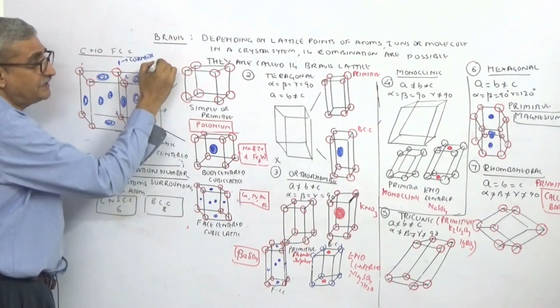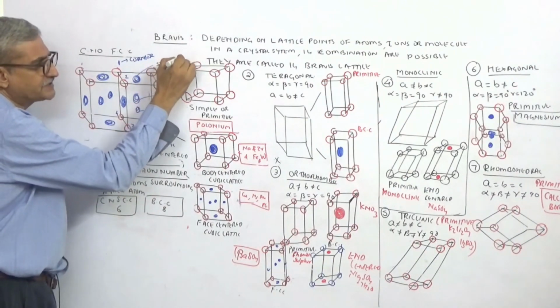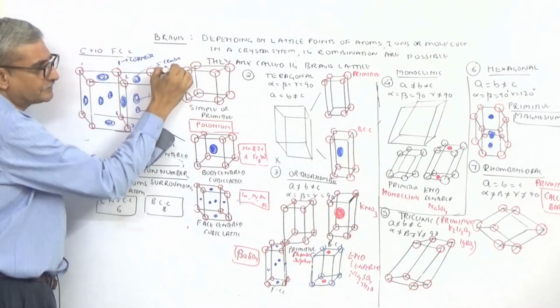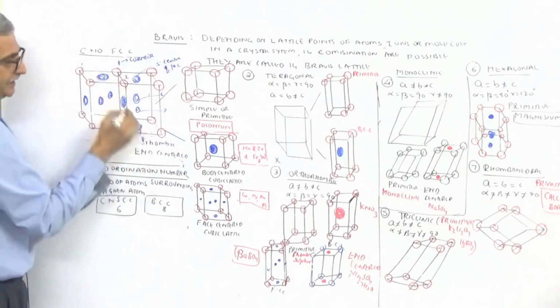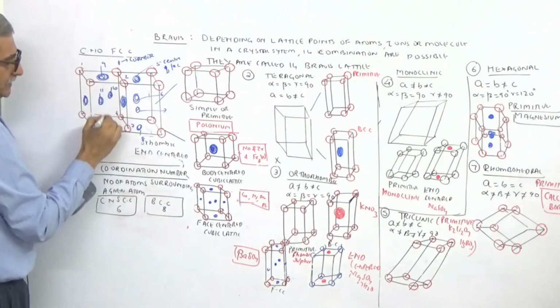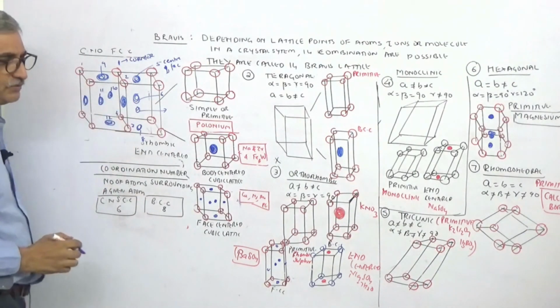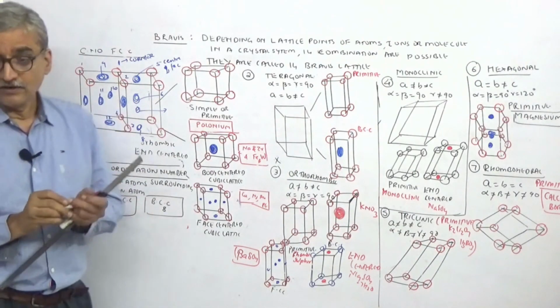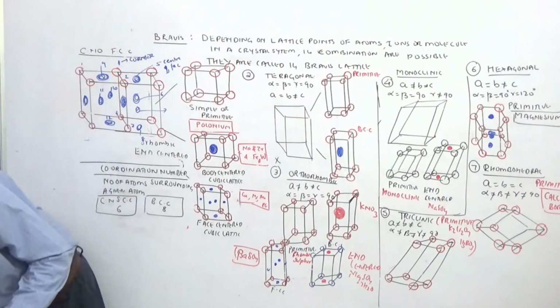This is center of the face of this. And this one 8, 9, 10, 11, 12. So what is the coordination number? Coordination number or number of atoms surrounding.